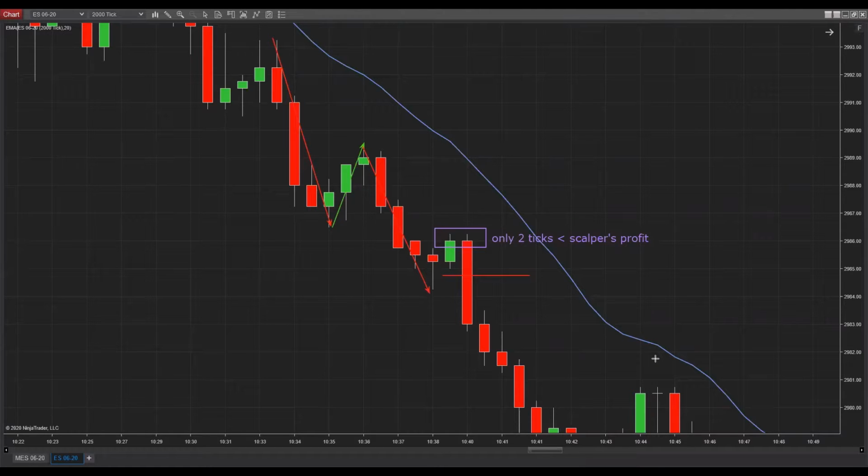All these trapped traders in this purple box have realized they have been fooled, and they quickly want to leave their position. And so their stop order is 1 tick under the signal bar's low. And this is why this is called a trap, because we have essentially trapped traders in this purple box.